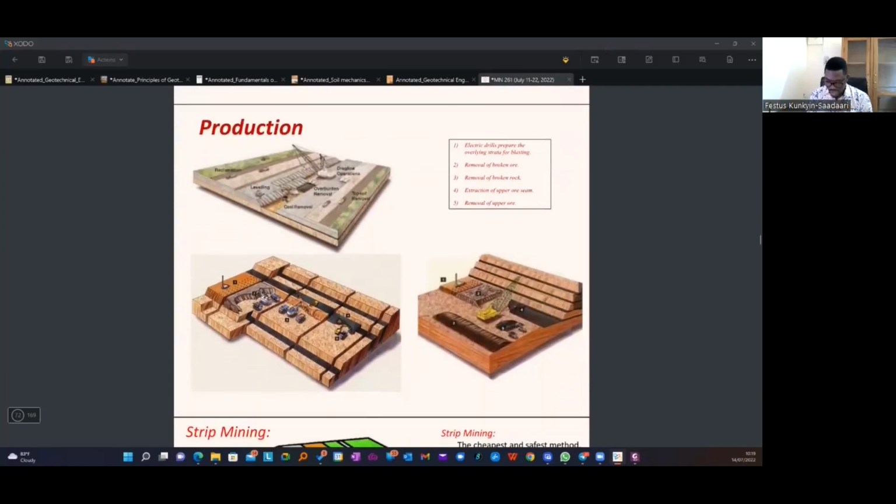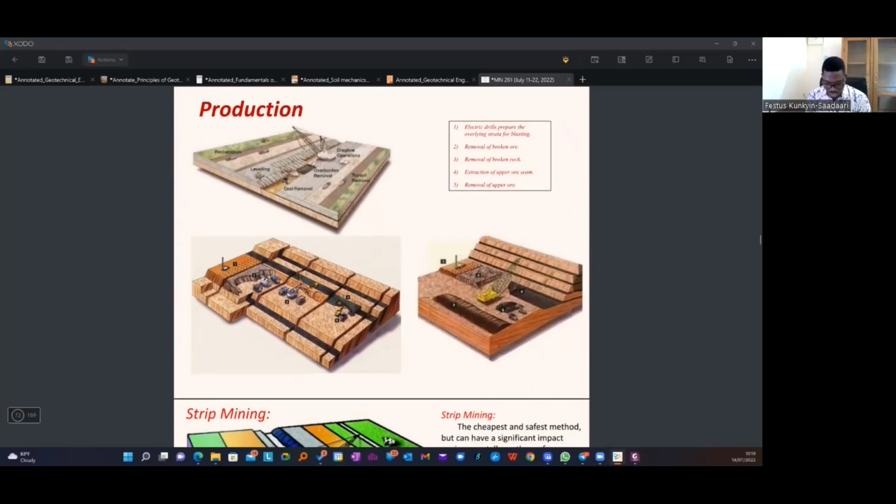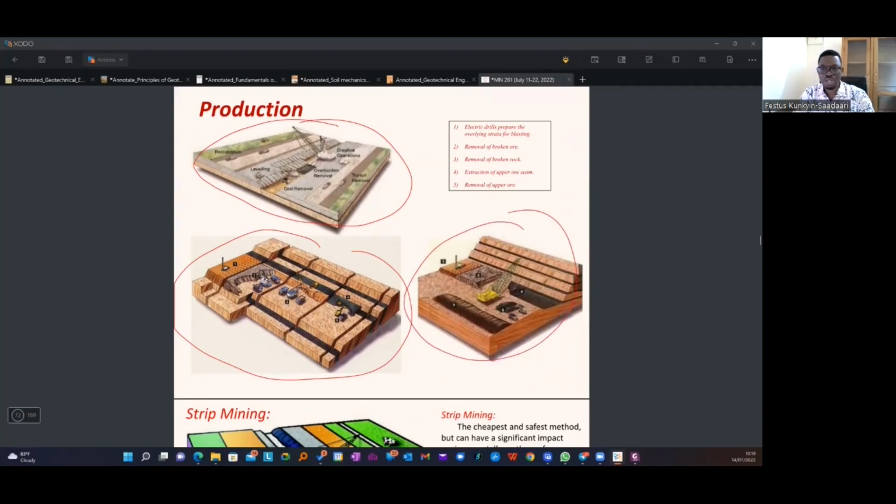So this one like this. This particular one we have here, or this one, or that, all of them can be said to be which type of mining? Who can help?